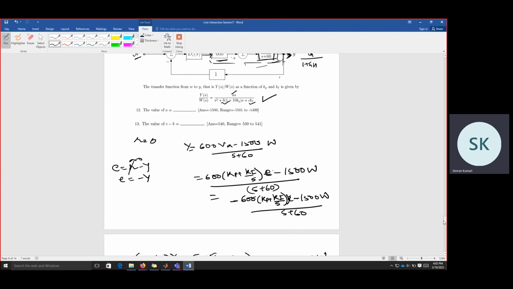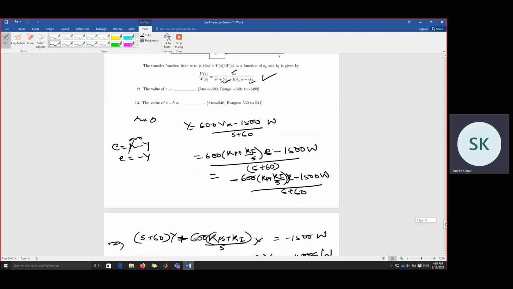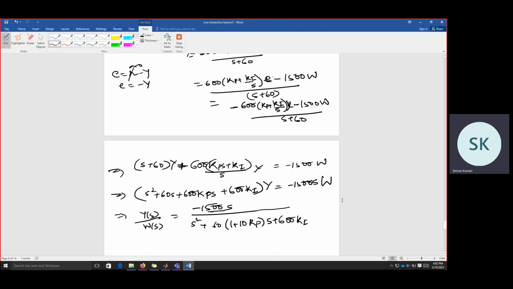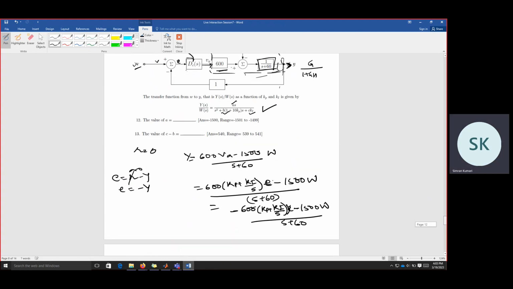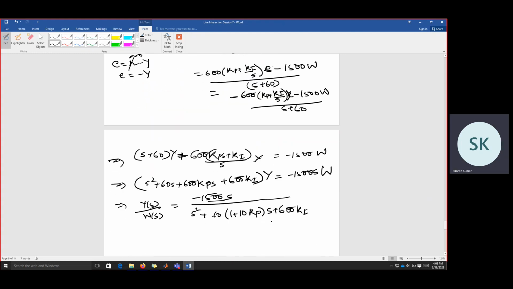So what is being said is that the transfer function is A s by s squared plus B s plus C. What is the value of A? We have found this is the transfer function, so A is minus 1500, because this is minus 1500. And what is C minus B? C is 600 Ki and B is 60 into 1 plus 10 Kp. So here B is 60 and C is 600, and C minus B is 540.